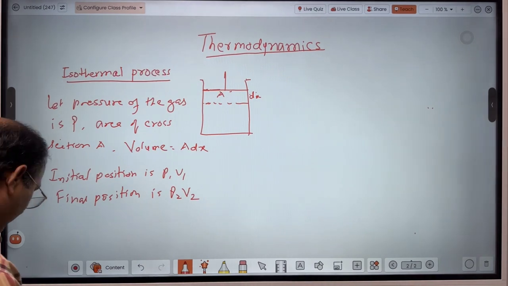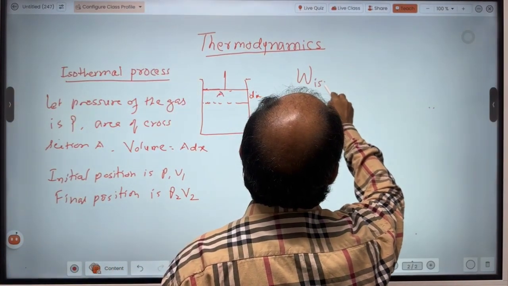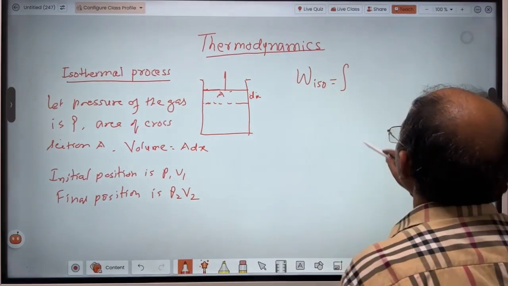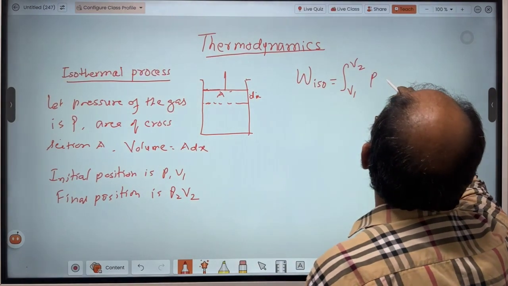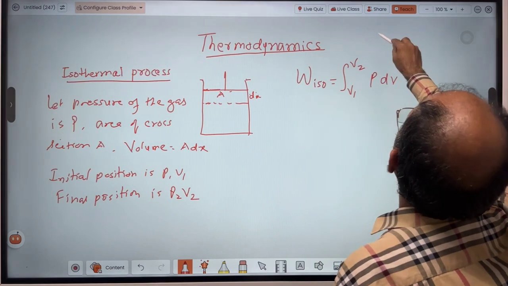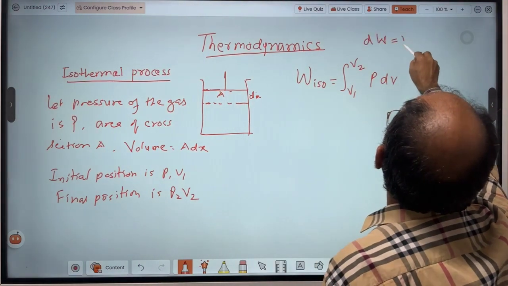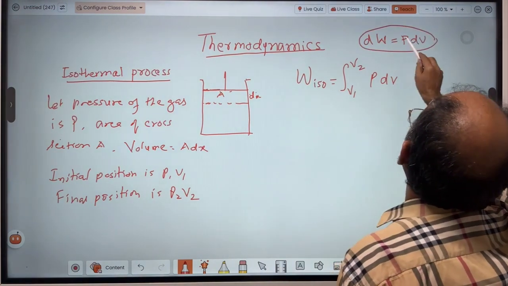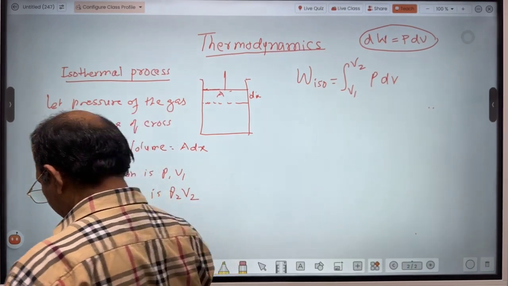So we can write the formula for work done by the isothermal process. Here volume is changing from V1 to V2 and P dV, isn't it? Because work done dW equal to how much? P dV, the change in volume times pressure.